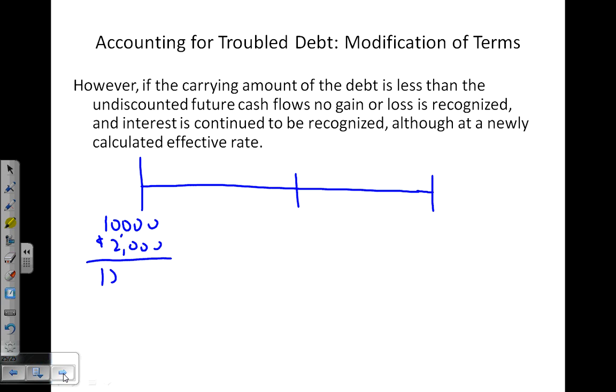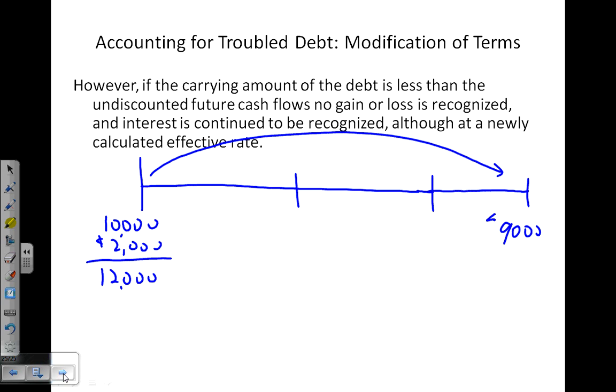So our liability today is $12,000, and the bank is going to extend the term 3 periods. They're going to lower the principal amount to $9,000. The stated rate will be 10%, and so we'll have to pay back 900, 900, 900.